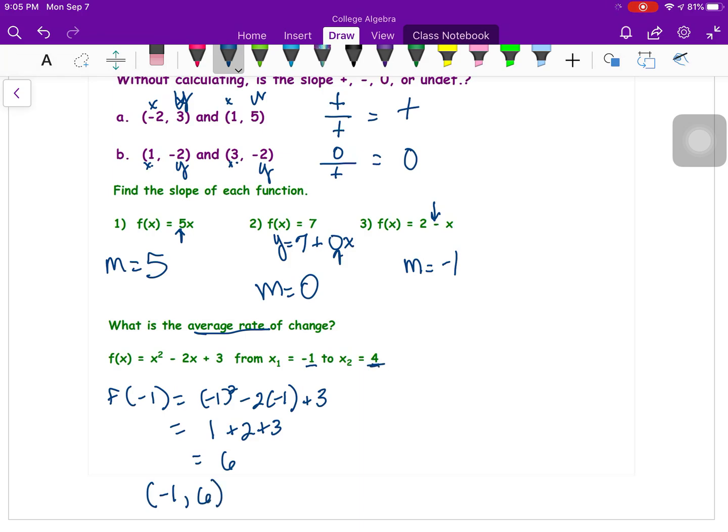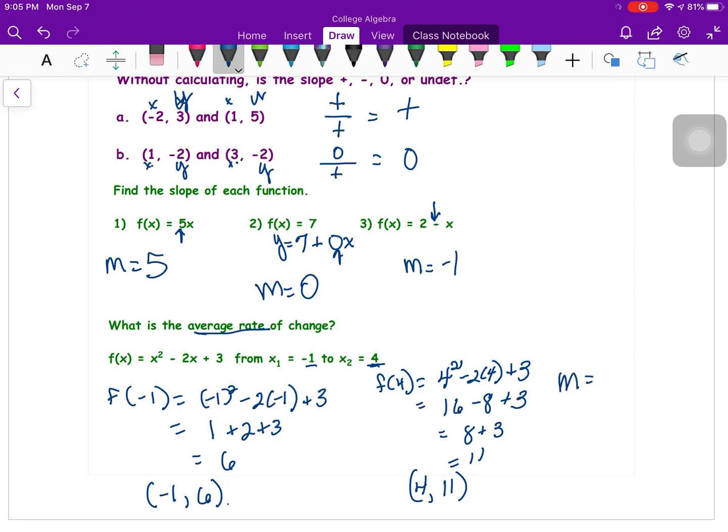Then they also wanted me to evaluate at 4. So f of 4: 4 squared minus 2 times 4 plus 3. That is 16 minus 8 plus 3. That is 8 plus 3. That is 11. So x value of 4, y value of 11. And since I now have 2 points, I can find their slope.